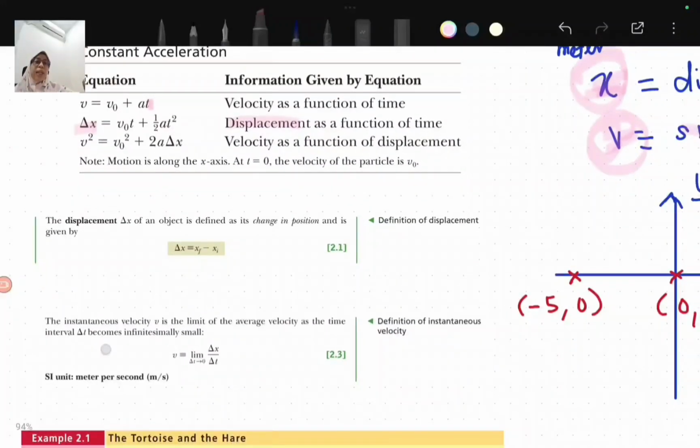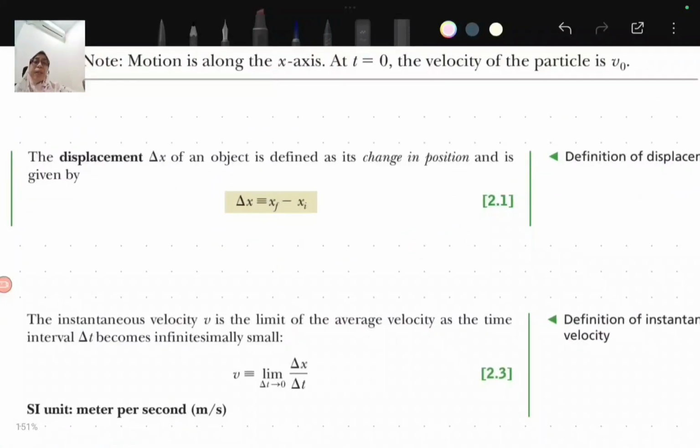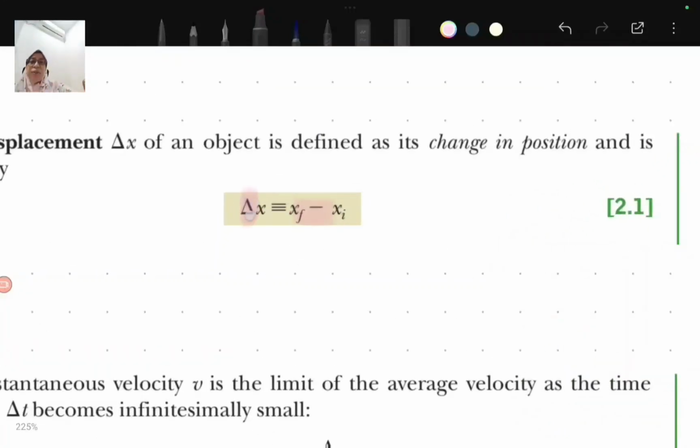Okay, so now, when we define displacement, the definition tells us how to measure it. Based on the expression, you find that there is a symbol delta over here. The delta alone is final minus initial.